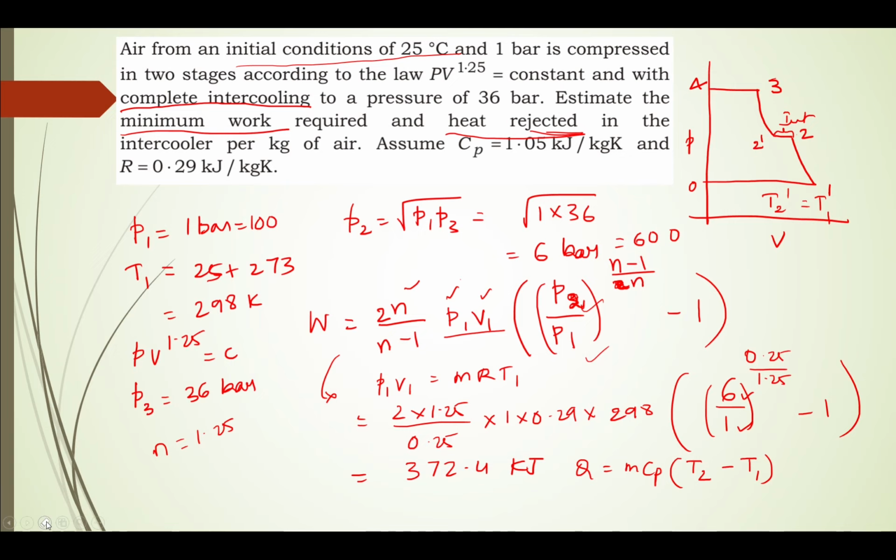T2 can be calculated using pressure ratios: P2 by P1 equals (T2 by T1) whole power n by (n minus 1), where gamma is written as n.